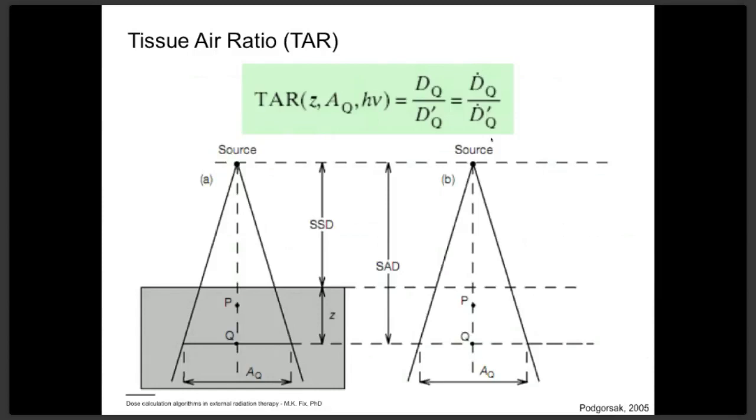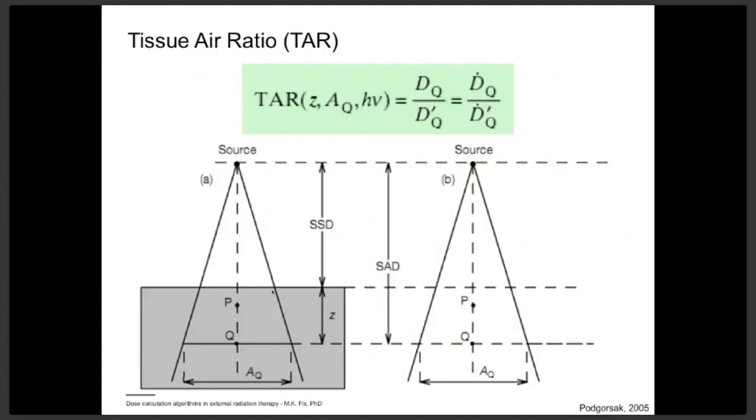So what we can see here is that the tissue-air ratio is not anymore dependent on the source-to-surface distance. If this distance is changed, it changes in both geometries, canceling the inverse square law out. So it's not dependent on the source-to-surface distance.